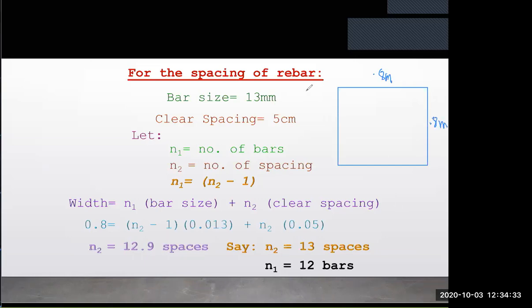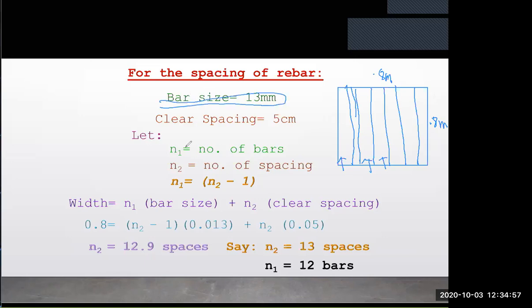Now, sabi, dapat should have a rebar in between. Okay, so the number of rebars you need to determine and the spacing in between those rebars. Okay, so bar size, you will define what is now the bar size, what is available commercially.